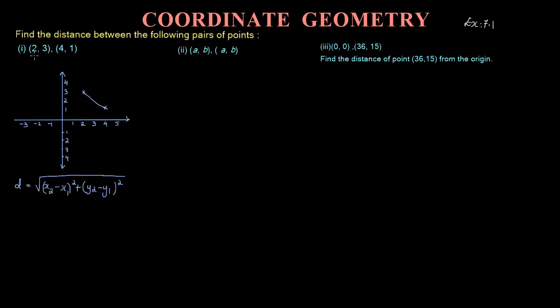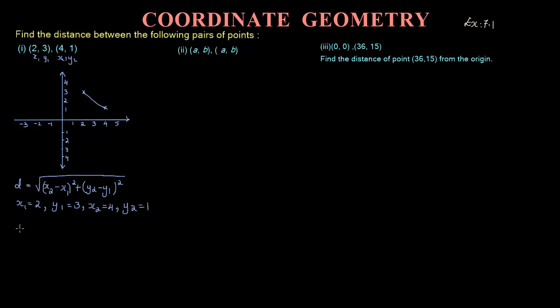You can take x1, y1 as this point or this point, it is up to your choice, but you cannot take x1, x2 as a pair. So let me take the first point: x1 is 2, and y1 is 3. Then x2 will be 4, y2 will be 1.